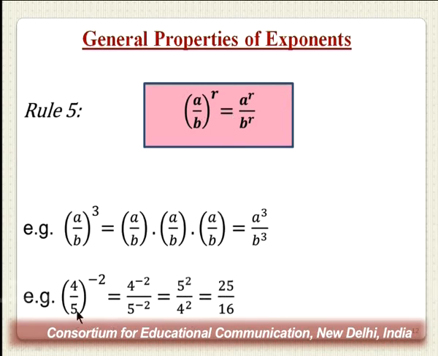And let's take another example where I have taken a as 4, b as 5, and I have raised this fraction to minus 2. Okay, so that then becomes 4 to the power minus 2 divided by 5 to the power minus 2. Basically, you can take it as 1 divided by 4 by 5 the whole squared, and that way also it can work, or 4 to the power minus 2 divided by 5 to the power minus 2.